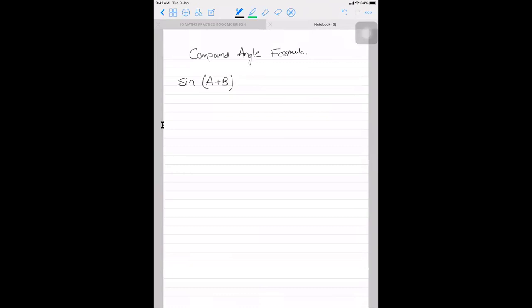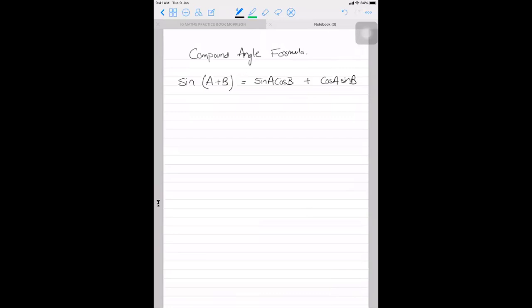So if you are asked to find sine of A plus B, sine of A plus B is always equal to sine A cos B plus cos A sine B. In our syllabus we only need to remember these formulas. Sine of A plus B equals sine of the first angle times cosine of the second angle plus cosine of the first angle times sine of the second angle.